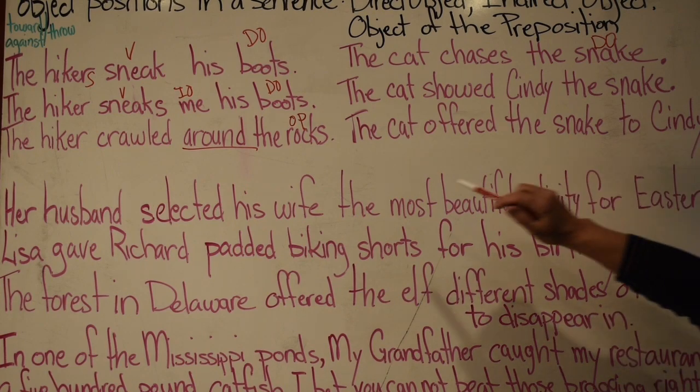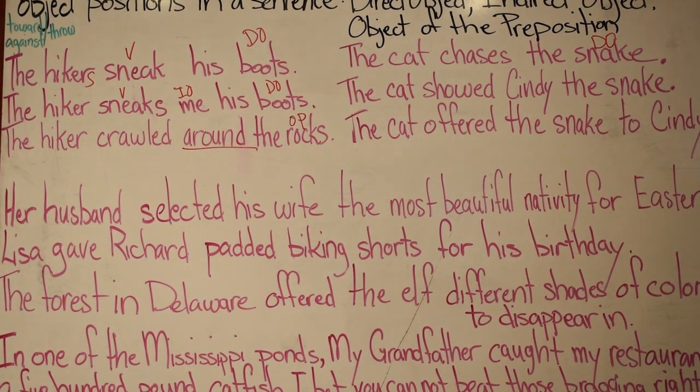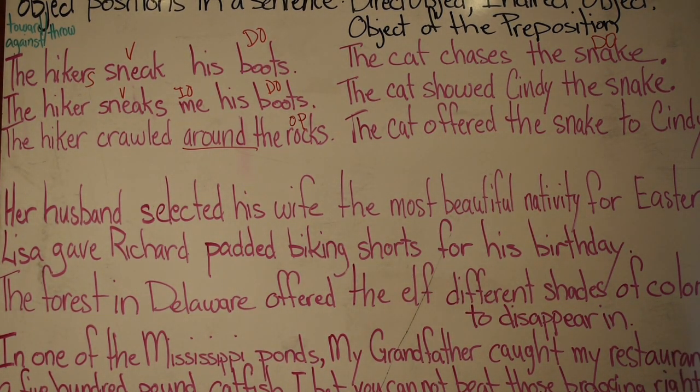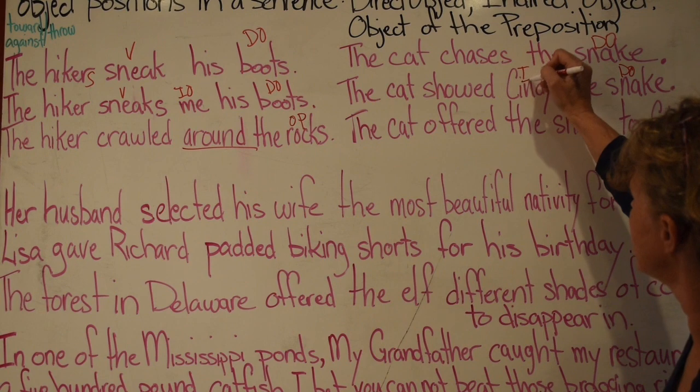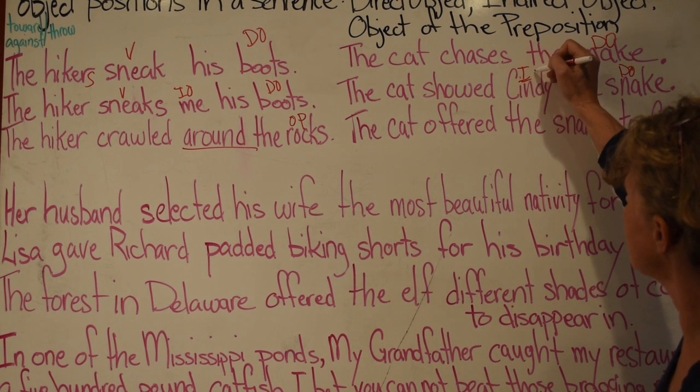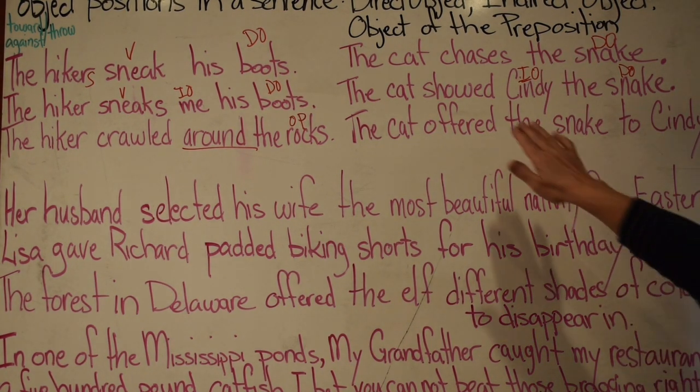So now, let's say the cat showed Cindy the snake. Okay, what are your object positions here? Snake. Cindy is too. And Cindy is the indirect object. Okay, so we have our verb.